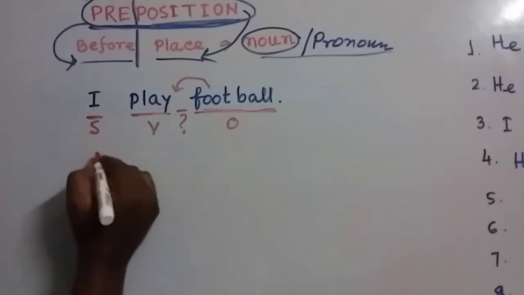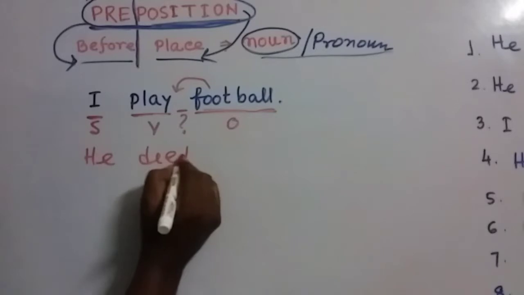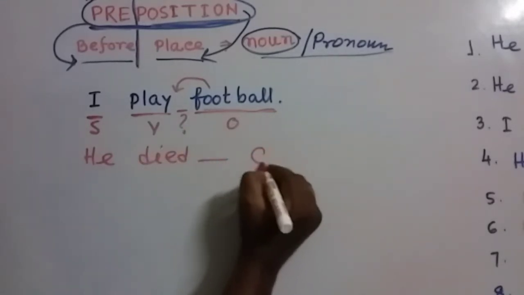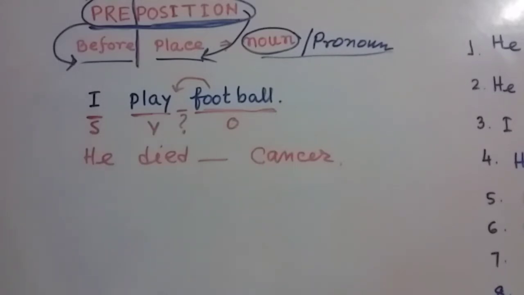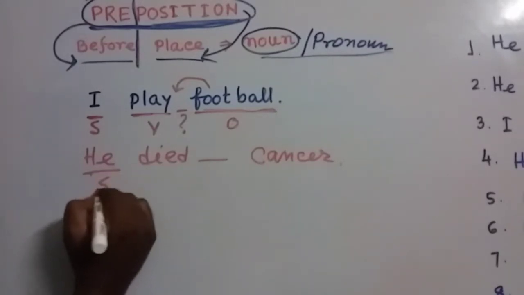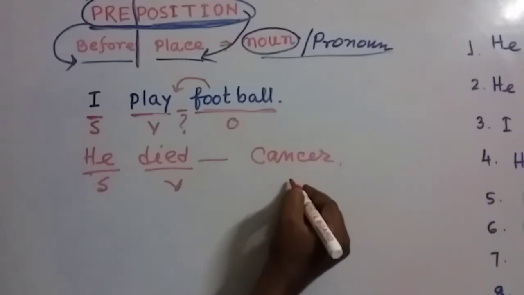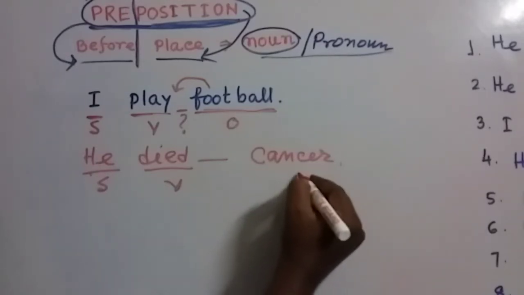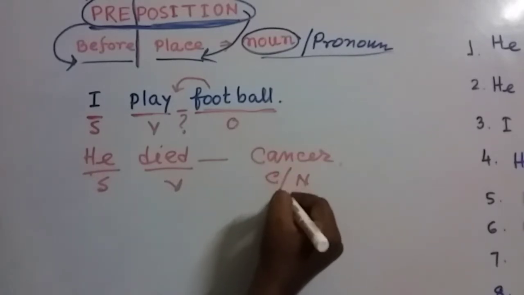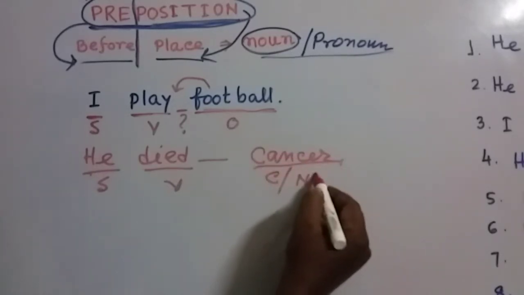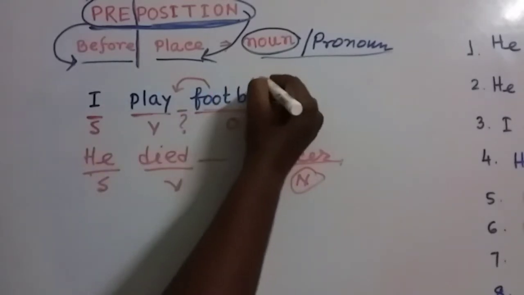And if I write down this sentence, "He died, dash, cancer." You can look at this sentence. This is the subject, this is the verb, and here it is a noun. Actually it is a complement, part of a complement, but it's a noun. Football is also a noun.